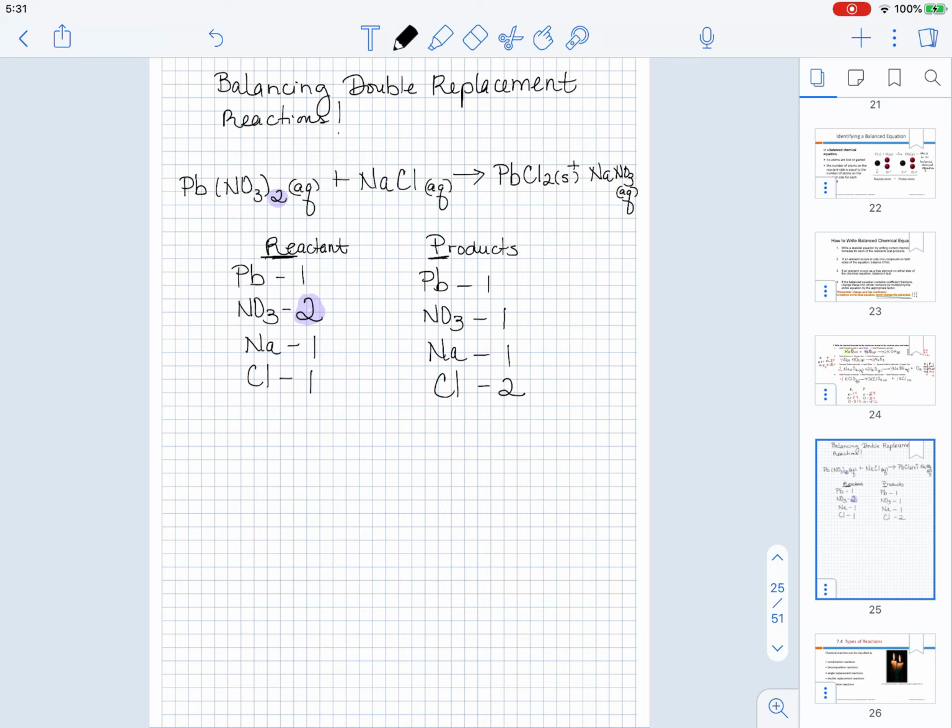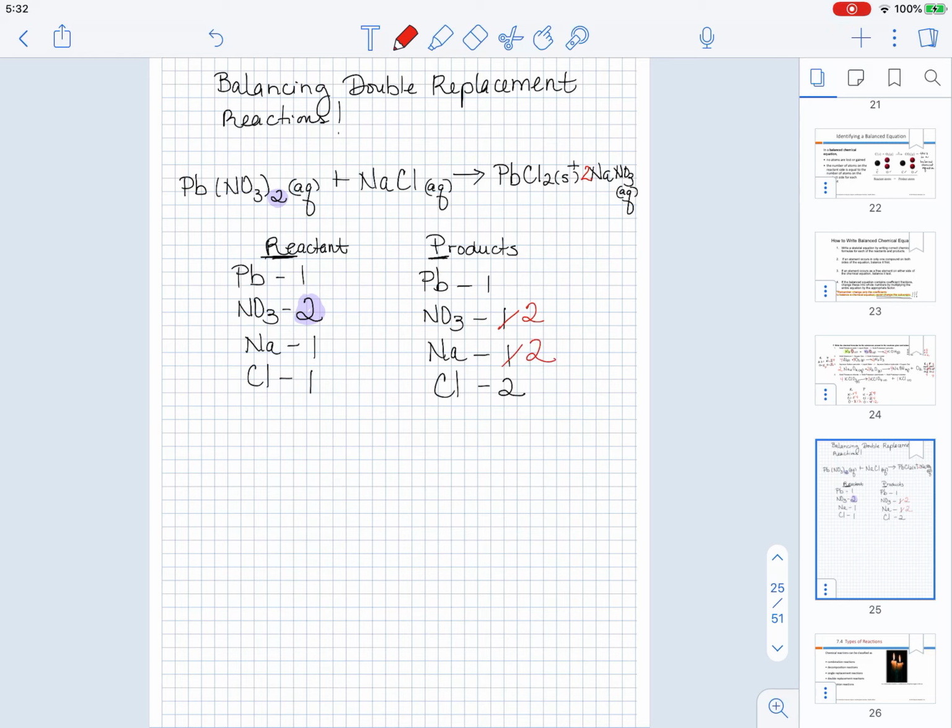Okay? In a situation like this, for me, the easiest thing to do is just to start balancing that polyatomic unit. So in order to do that, I have to put a coefficient of 2 in front of that sodium nitrate to take my nitrates to 2. But remember, putting a coefficient of 2 in front of that whole compound is going to take my sodiums to 2.